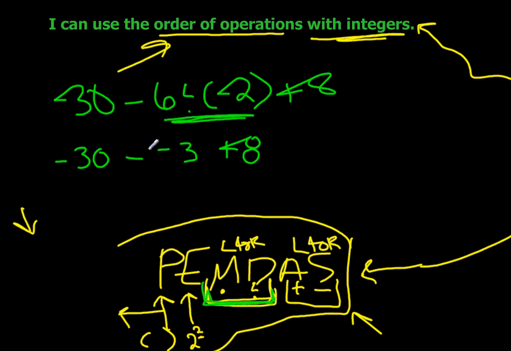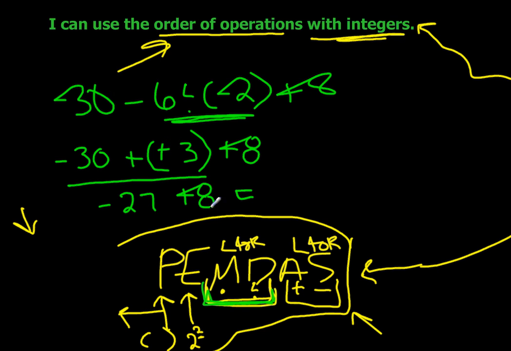And I could put some parentheses around my negative 3 to help me. So I take a look. It looks like I got rid of all my multiplication and division. So now I'm going to go to these pairs, addition and subtraction, and go from left to right. So I just do this first operation. Negative 30 plus 3 gives me a negative 27 plus 8.